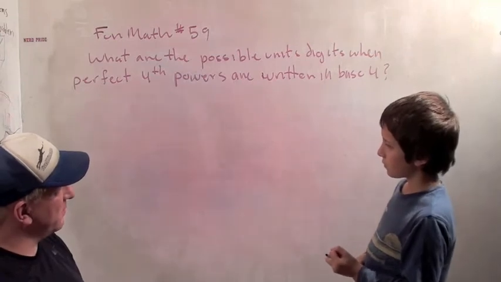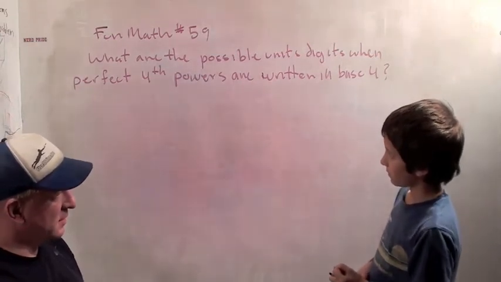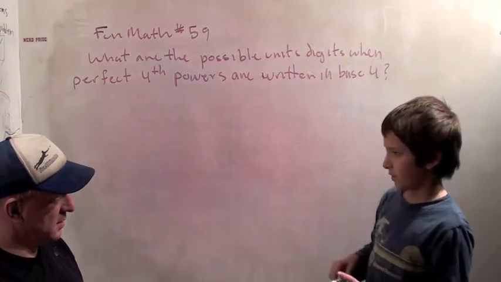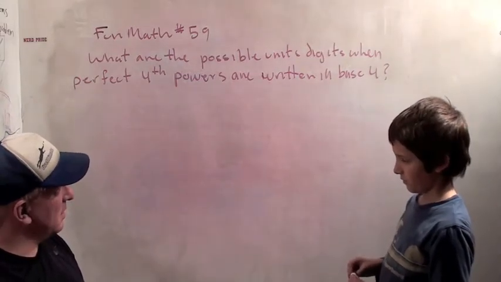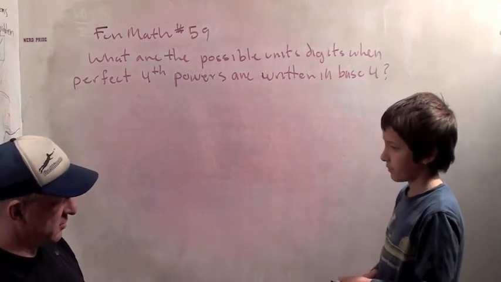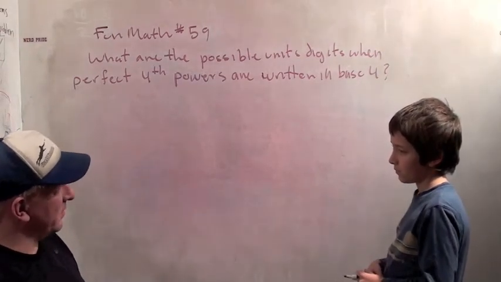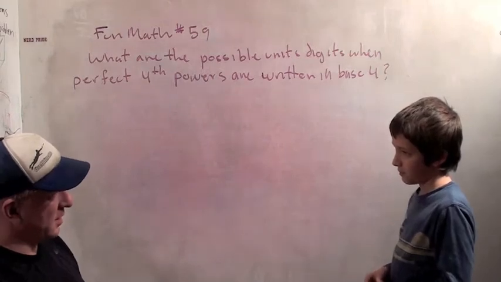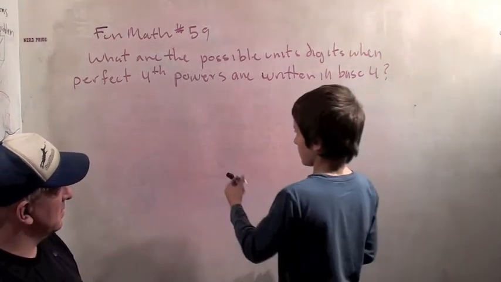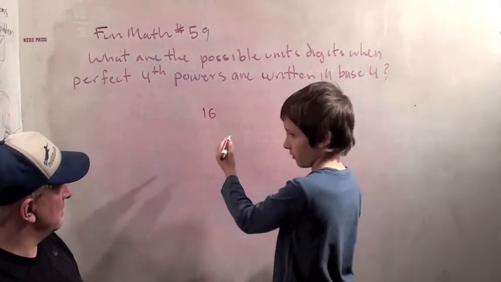So what's a good first step on a problem like this? Writing down some base 4 numbers. Or perfect fourth powers. What do you think would be better to get a handle on things? Fourth powers. Okay. Do you know some fourth powers? Well, 16 is 2 to the 4th.